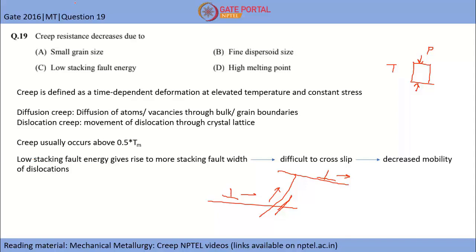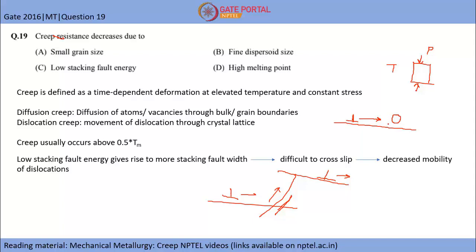Now coming to fine dispersoid size. So let's say we have one dispersoid here, and this complete region is a matrix, and one dislocation is trying to move here. So let's say it is going like this on this slip plane, which is encountered by a dispersoid. So it will have some hindrance in the movement.